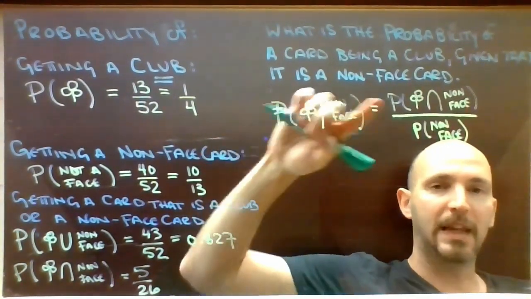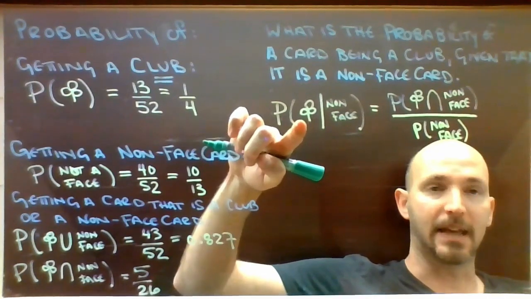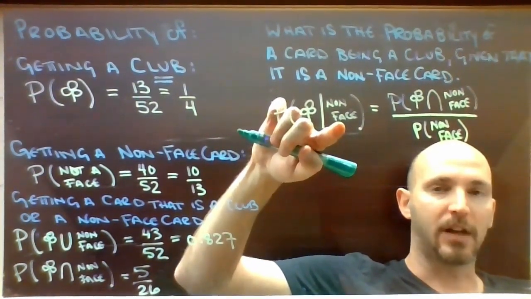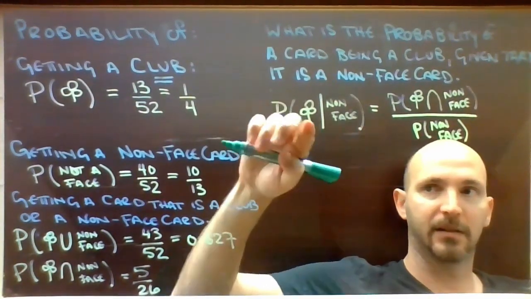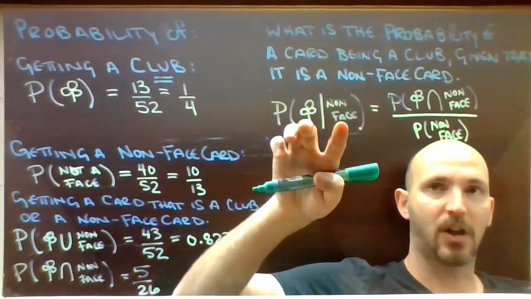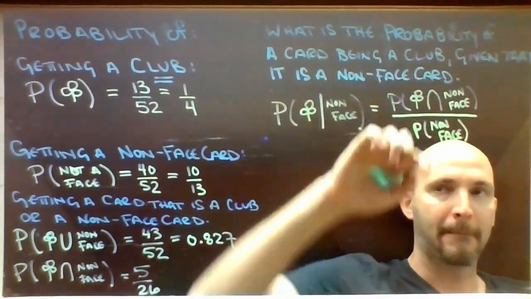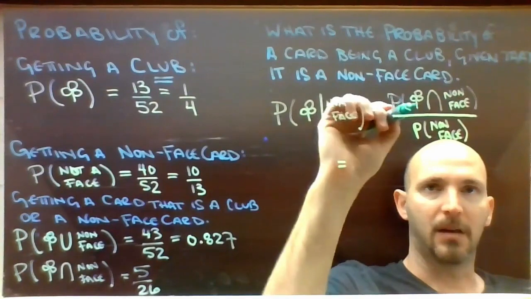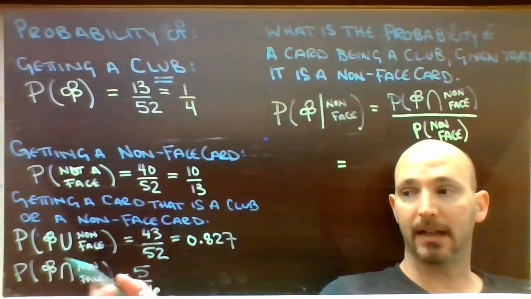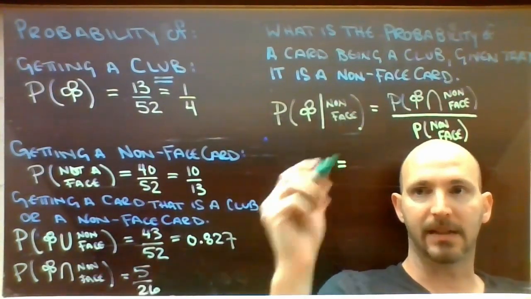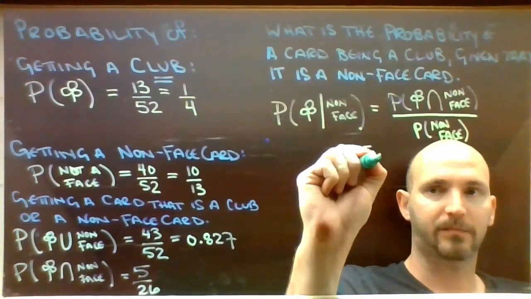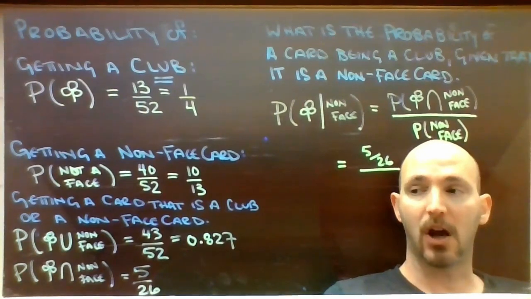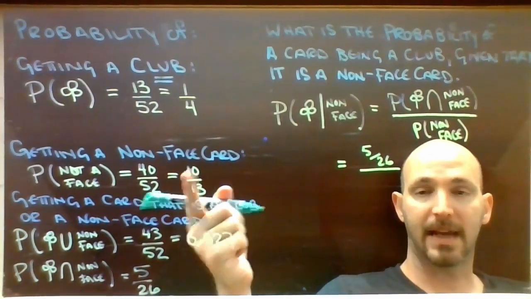So when you read these, the probability that it's this, given that, you notice that the non-face went in the denominator here, and the club and non-face went in the top. So if I were to do this, the probability of it being a club and a non-face, we already worked that out. That was over here, 5 out of 26. And the probability of it being a non-face card was 10 out of 13.